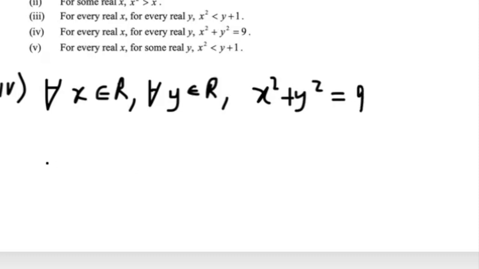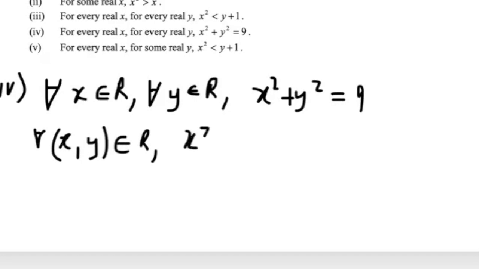Is this true or false? And just remember, we could have it as for all x, comma y, an element of R. Then we have x squared plus y squared equal 9.